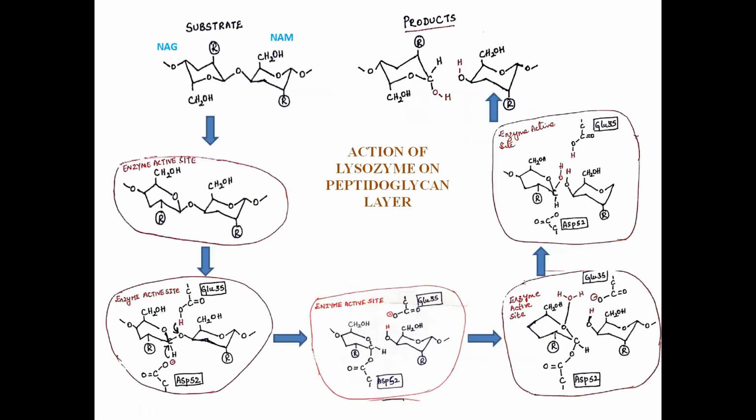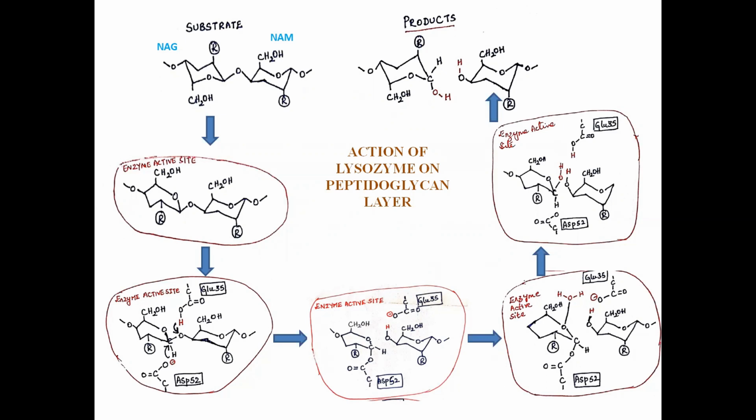Now let us see how the lysozyme acts on the peptidoglycan layer. So this is the substrate. Here only 2 residues I have taken as an example to explain the action of the enzyme on the substrate. Lysozyme is a part of the innate immune system and is antibacterial in nature.